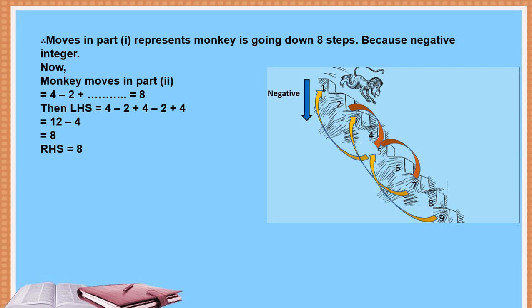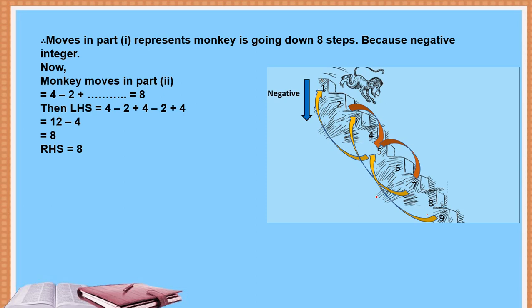So this represents the same as we have done in the second problem of the same question. At the 9th step, he took 4 steps towards upside, so he reached the 5th step. Then from the 5th step, he takes back 2 jumps to reach the 7th step, and the same up to the first step.